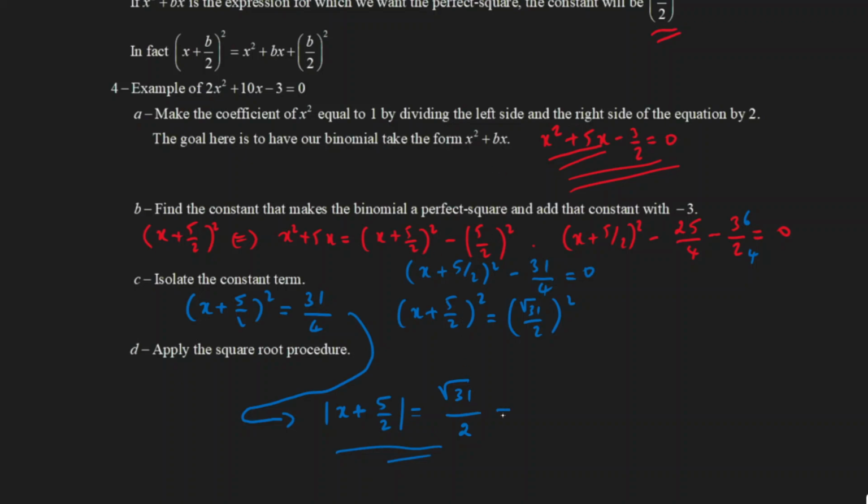So here, what do we get? We get x plus 5 divided by 2 equal to square root of 31 divided by 2, or x plus 5 divided by 2 equal to negative square root of 31 divided by 2.